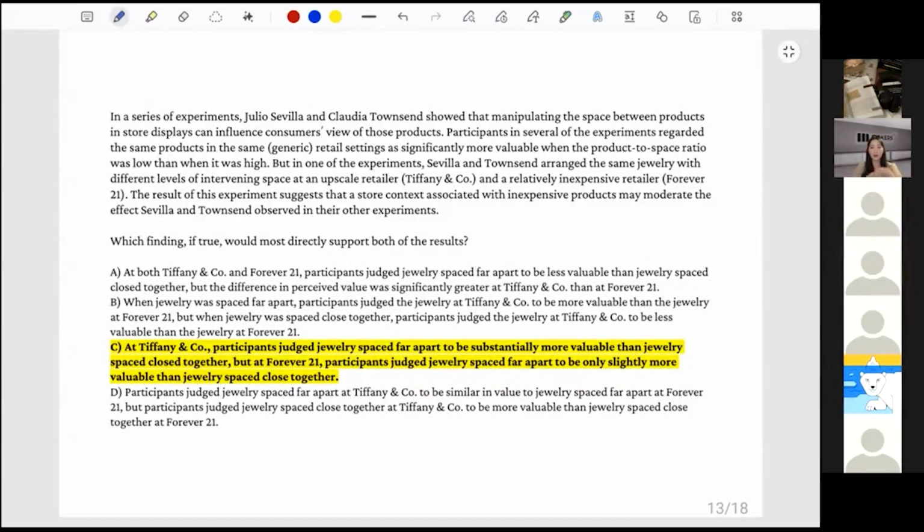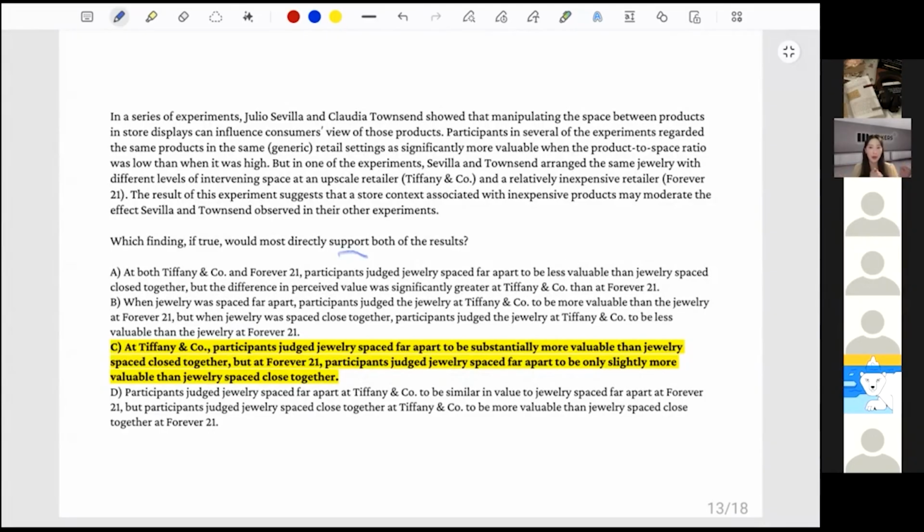So if you guys knew that, this question wouldn't be too hard, but a lot of my students get confused with all the variables mentioned. A is incorrect because it claims that jewelry spaced far apart was seen as less valuable. This completely contradicts the first result established in the prompt, so it wouldn't support anything. B and D are both incorrect because they focus on comparing Forever 21 and Tiffany & Co. directly at specific spacing levels.